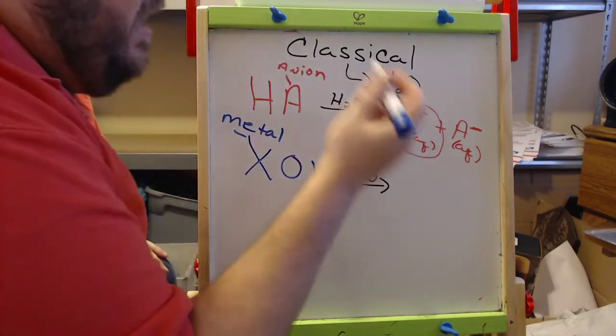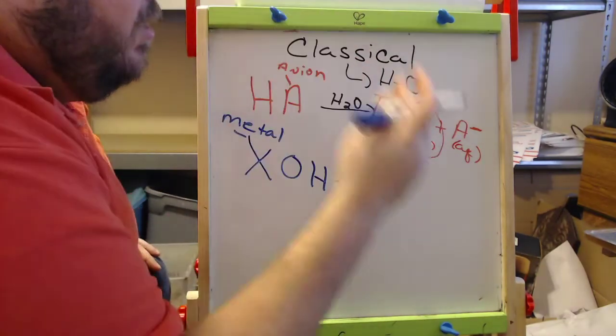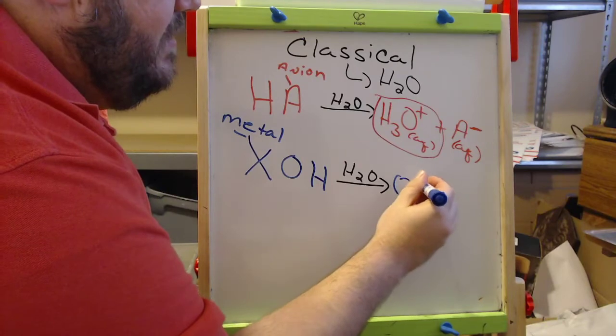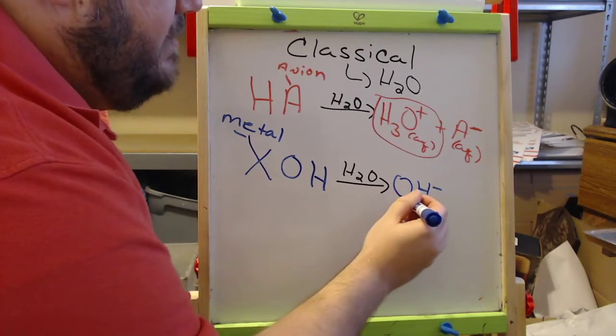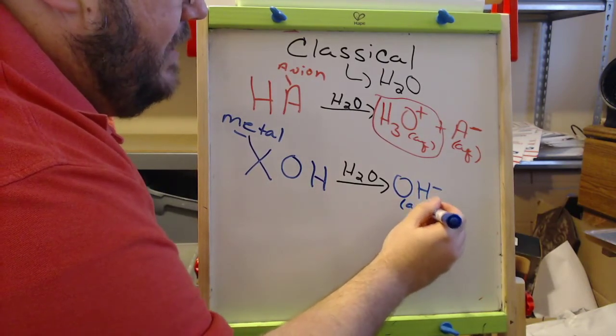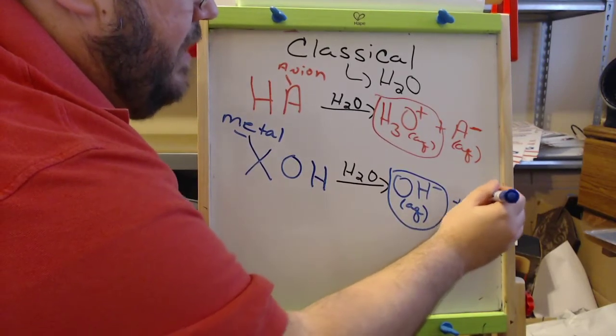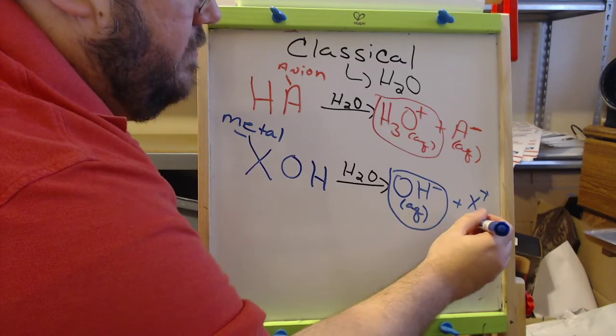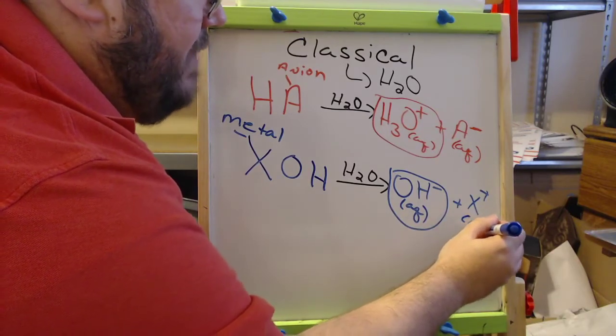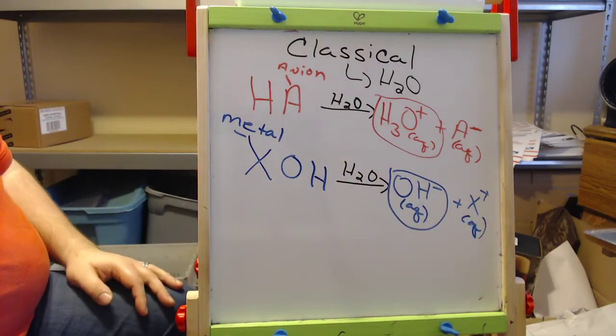I break down. I'm a strong electrolyte or even a weak electrolyte, but the key is I will separate into my ions and I will create hydroxide, plus then I'll have some metal here. The metal has to make the hydroxide soluble.